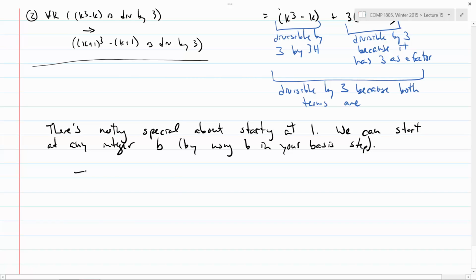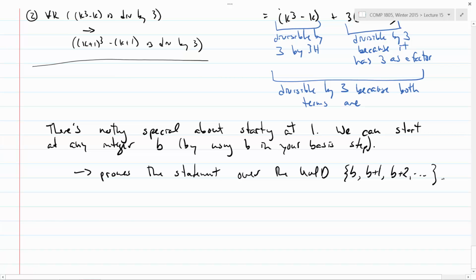Doing this proves the statement over the universe of discourse b+1, b+2, and so on. So if you start at 5, that will prove that it's true for all integers at least 5. It doesn't say anything about 0, 1, 2, 3, and 4. All right, so that's it for today.